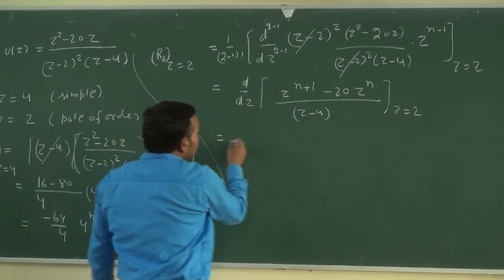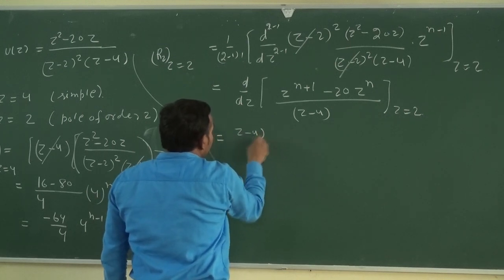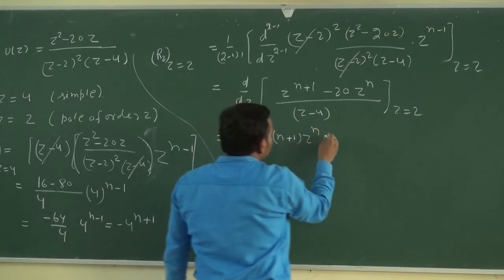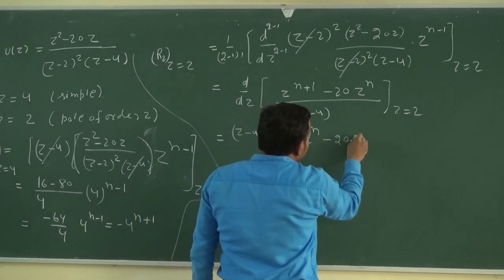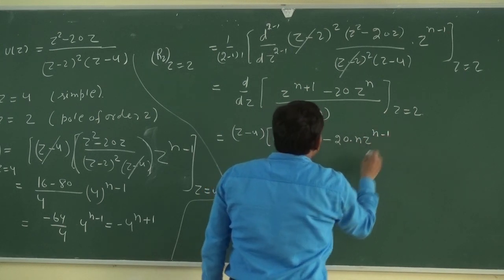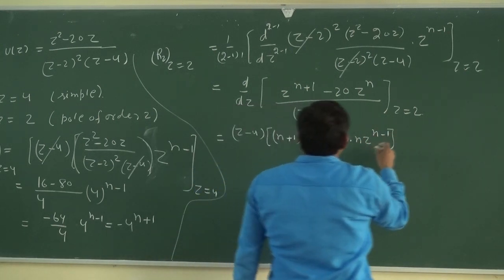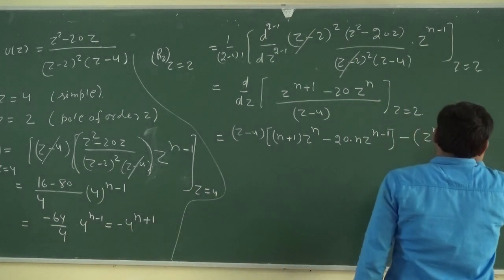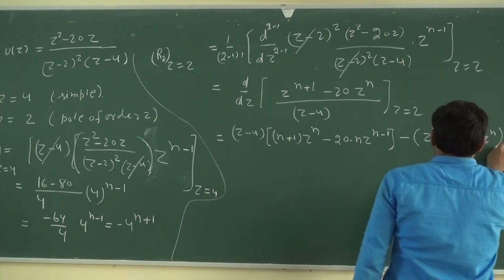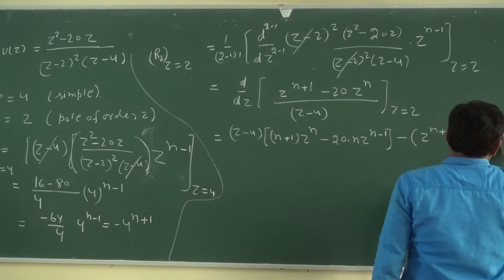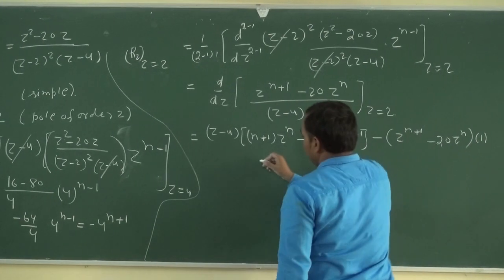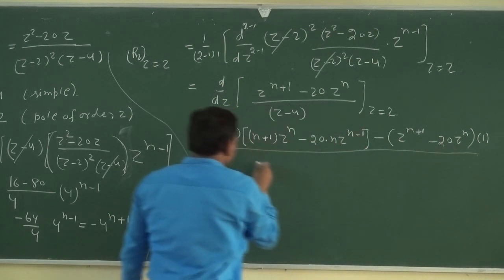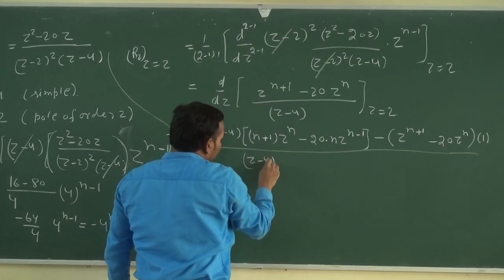Now differentiate this. So you can say (z minus 4) times (n plus 1) z to the power n minus 20 n z to the power n minus 1, minus (z to the power n plus 1 minus 20 z to the power n) into 1, upon (z minus 4) whole square.